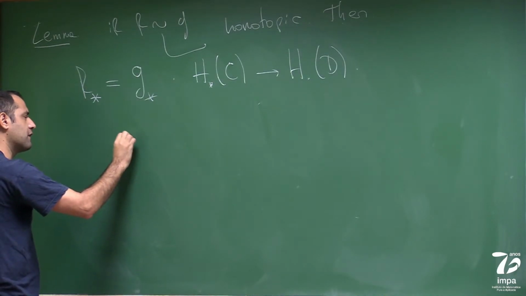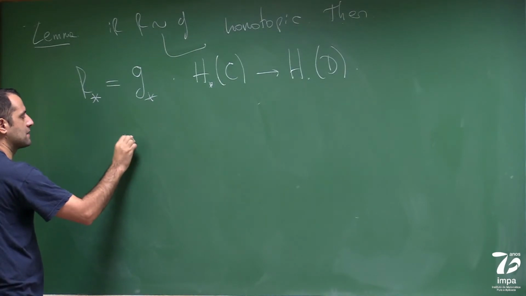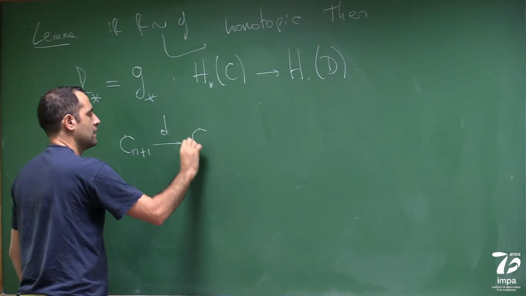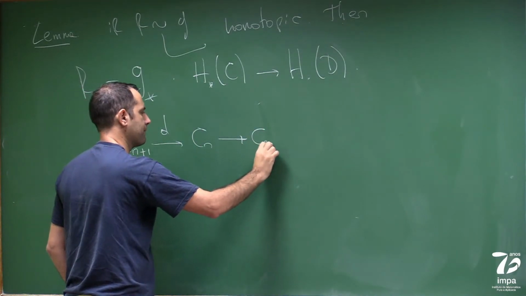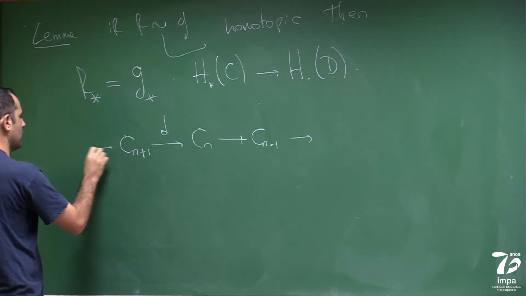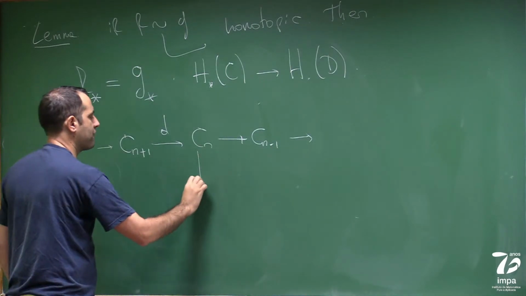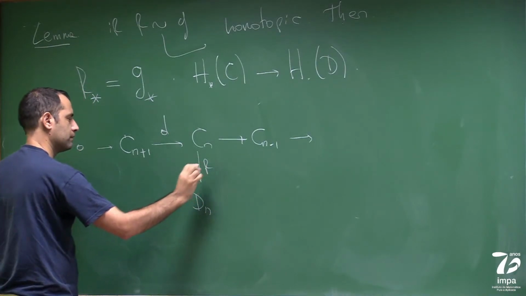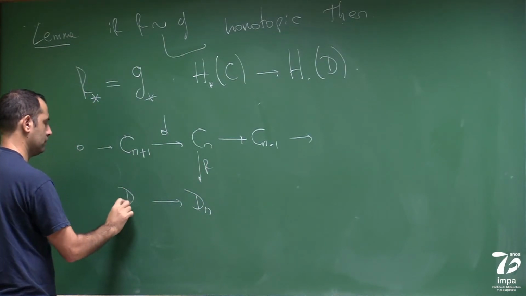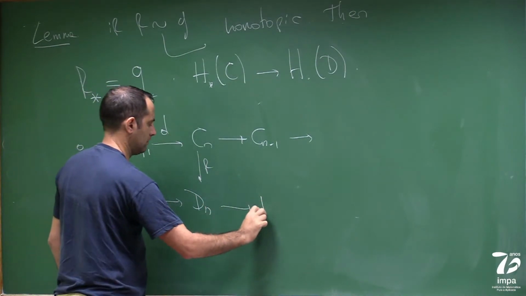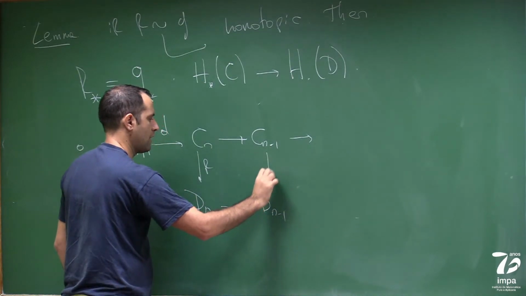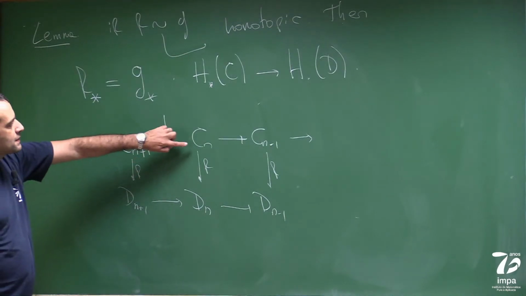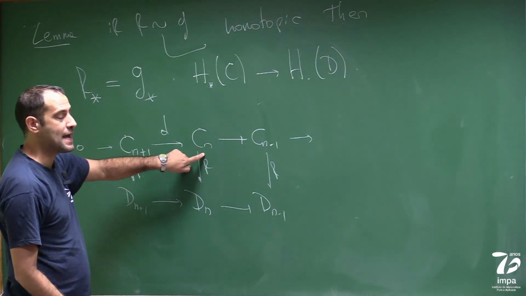So first, that definition: we have these maps Cn plus 1, D, Cn, Cn minus 1. And then I have this map F to Dn. Here I have some F, and here I have some F. So now, let's choose an element in the homology of Cn.